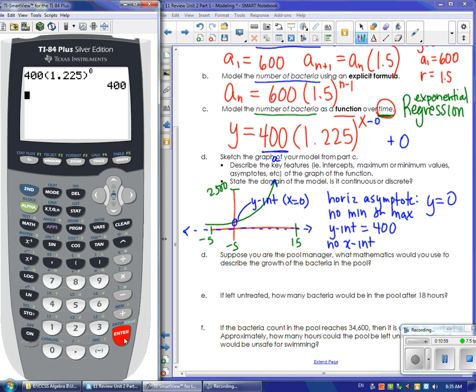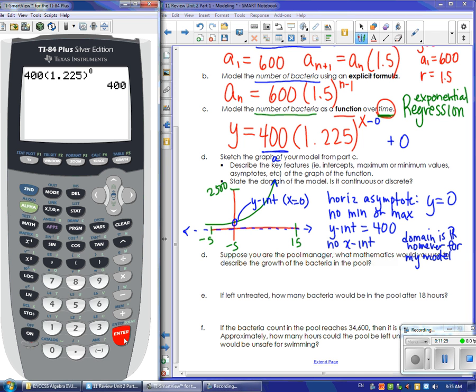There is no x-intercept. The other question is asking me to state the domain. Well, in this case, in every exponential function, the domain is all real numbers. However, for my model, we need to be very careful because I'm not just talking about the exponential equation y equals 400 times 1.225 to the x.